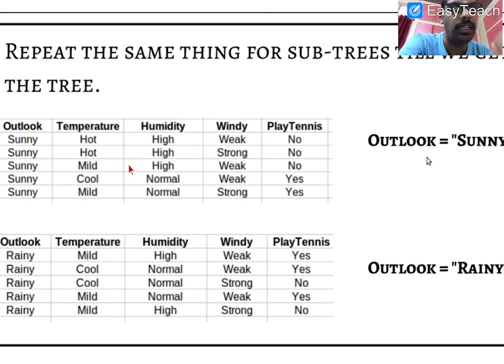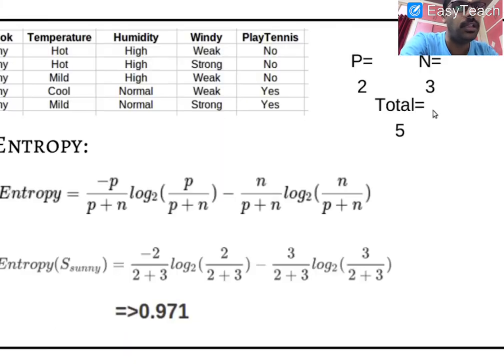So outlook equal to sunny, this is the table, and outlook equal to rainy, this is the table. And again what we have to do: there are p equals 2, n equals 3. So sunny p 2, n 3, and I am going to calculate the entropy, that is 0.971.